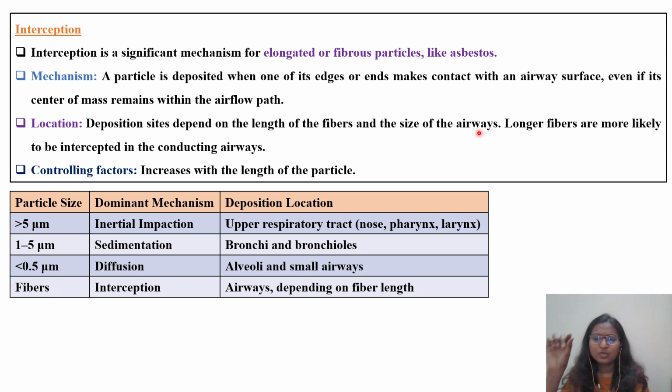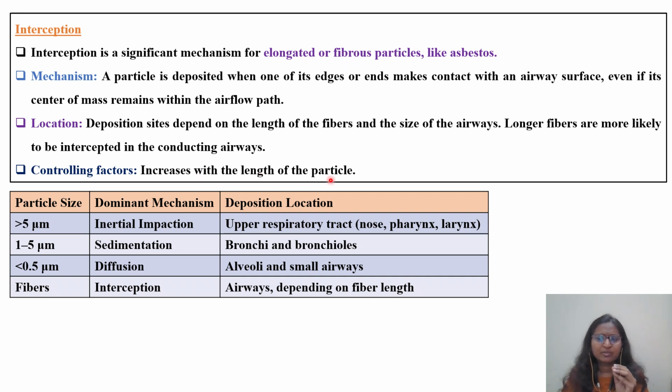In whichever part of the trachea or bronchiole it has entered, the size of the airway, whether it is narrow or long, matters. Long fibers are more likely to be intercepted in the conducting airways. The controlling factor increases with the length of the particle.